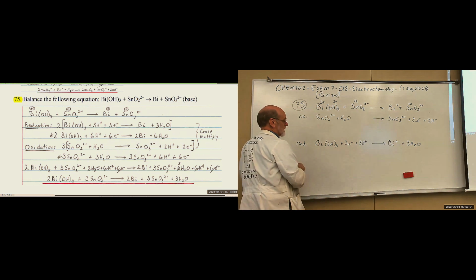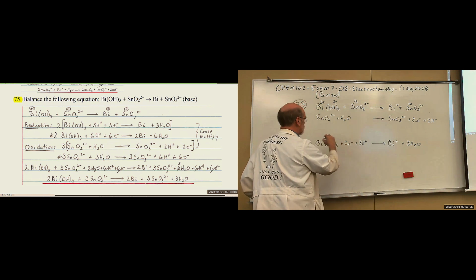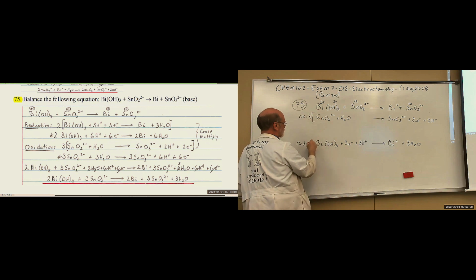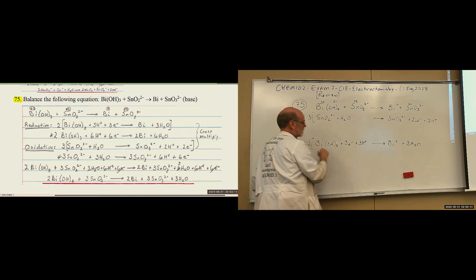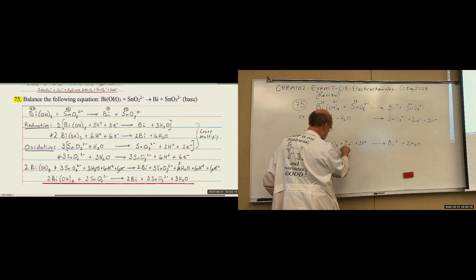Now we need to balance the electrons. So 2 there and 3 there means we cross multiply. This one is a 3 multiplier, and this one is a 2 multiplier. Right? 2 over here, 3 over here.